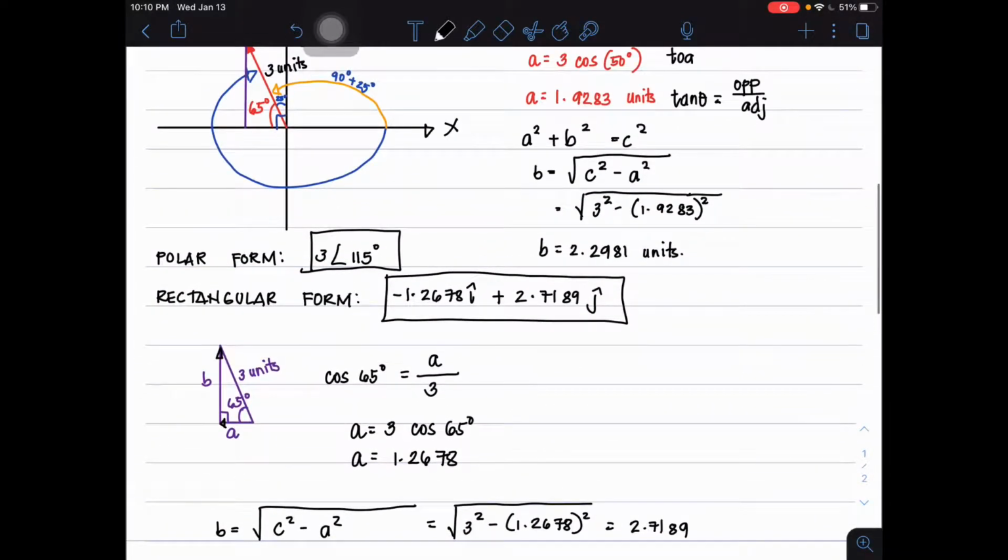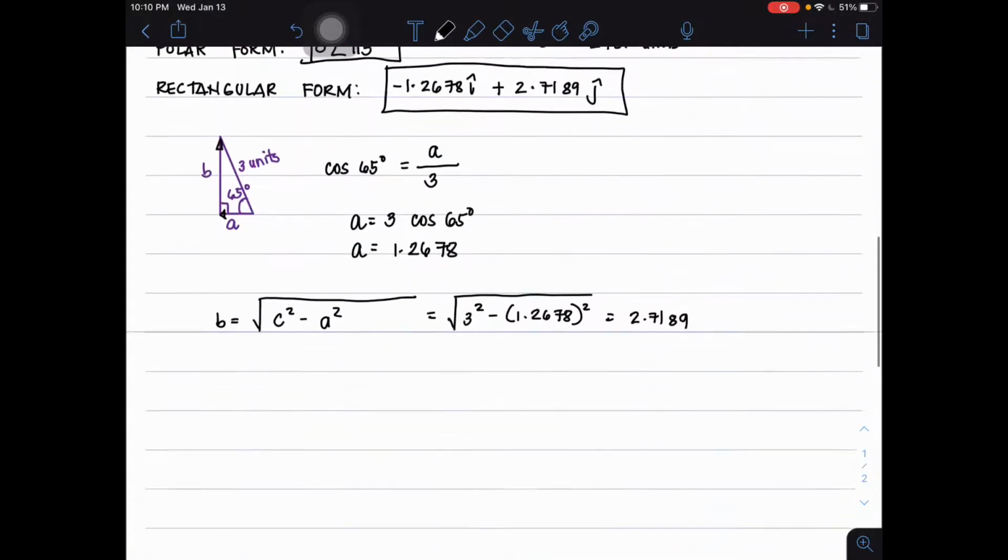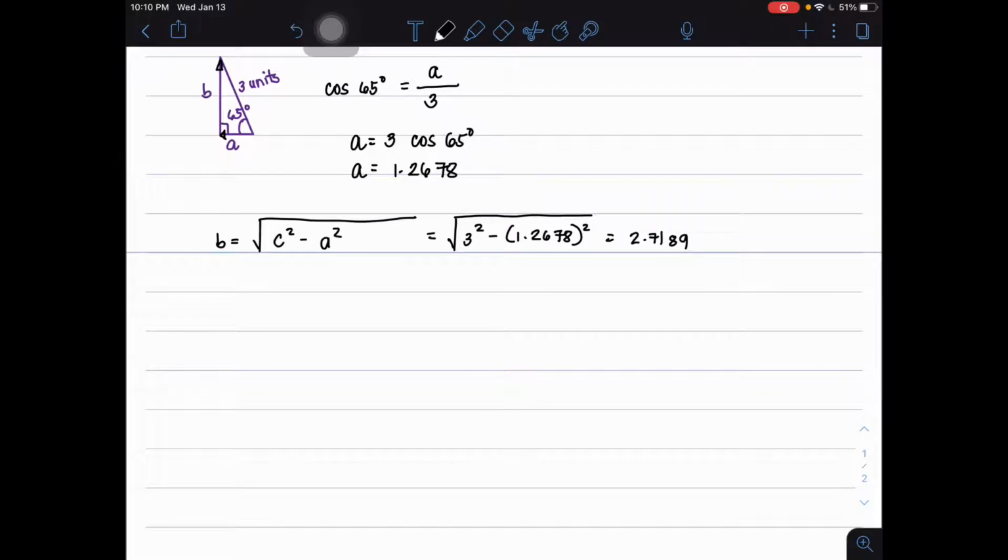Now, next is scalar and vector units. Okay. So when we say scalar, it only has a magnitude and doesn't have a direction. Example, scalar and vector.